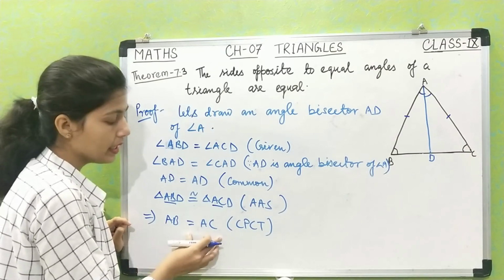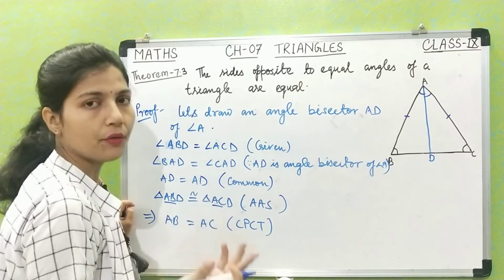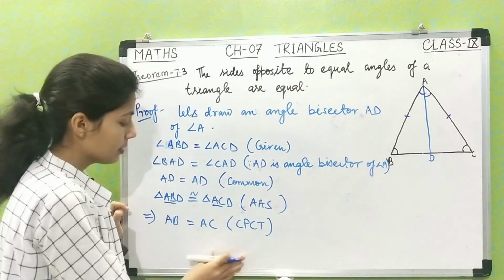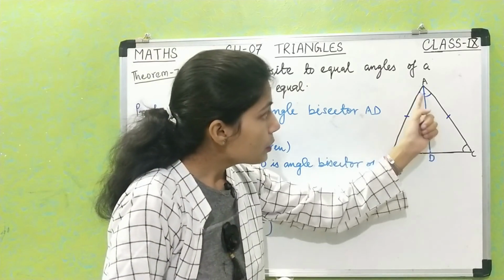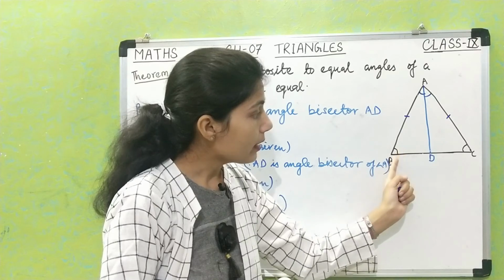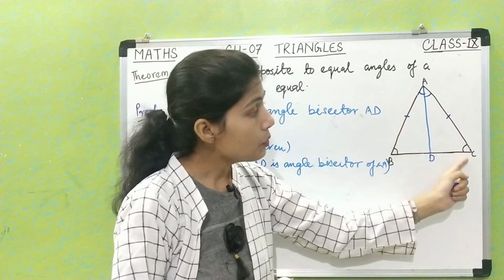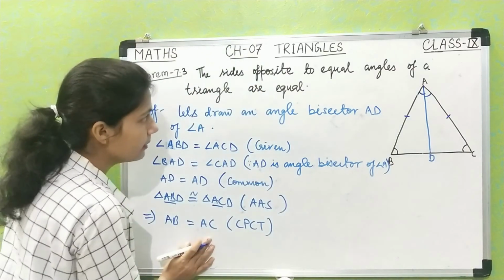So AB equals AC. Why CPCT? Because these are corresponding parts of congruent triangles. Now we have proved AC equals AB. AC is the opposite side to angle B, and AB is the opposite side to angle C. So AB equals AC.